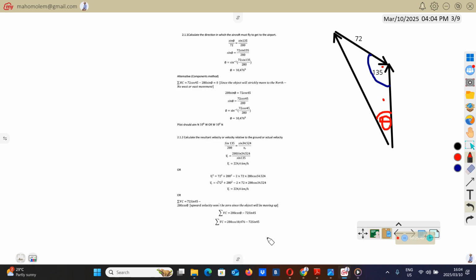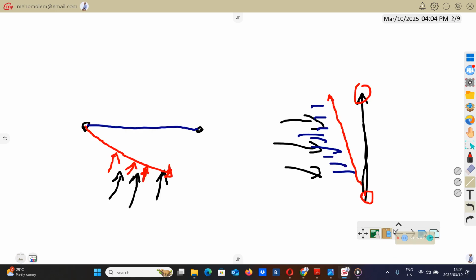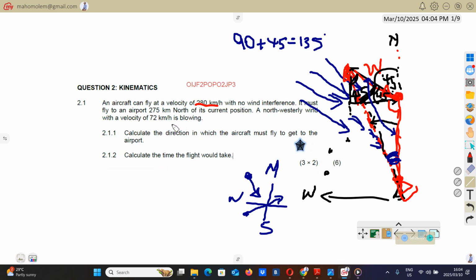Now, we're given the speed of the aircraft. From the question, they give us this speed of 280. The aircraft can fly at the velocity of 280 kilometers per hour with no wind resistance.